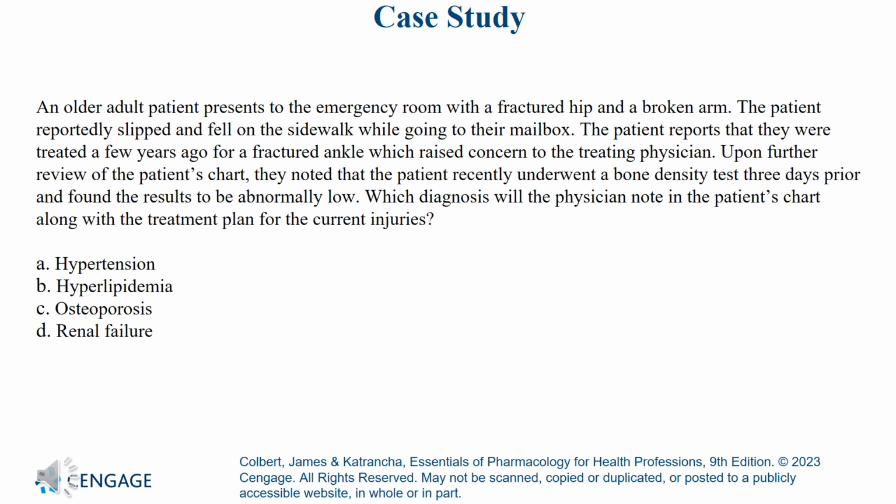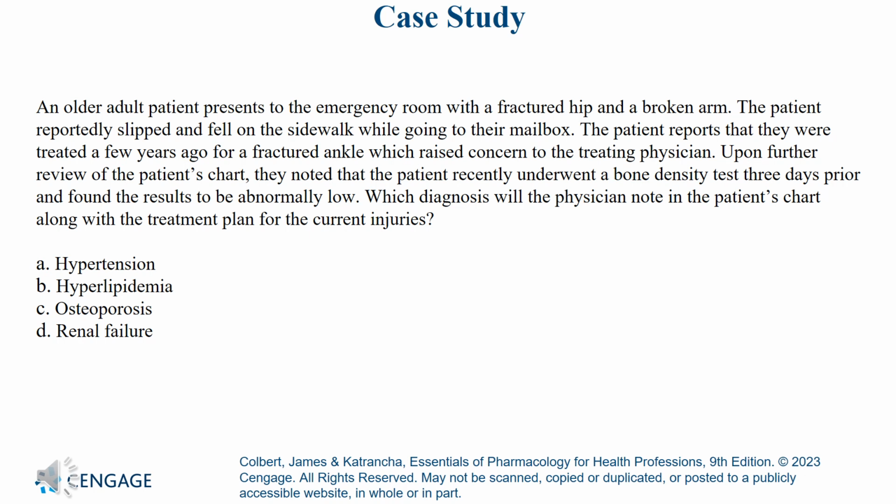Okay, we're going to take a look at the case study to see if you can answer it. An older adult patient presents to the emergency room with a fractured hip and a broken arm. The patient reportedly slipped and fell on the sidewalk while going to their mailbox. The patient reports that they were treated a few years ago for a fractured ankle, which raised concern to the treating physician.